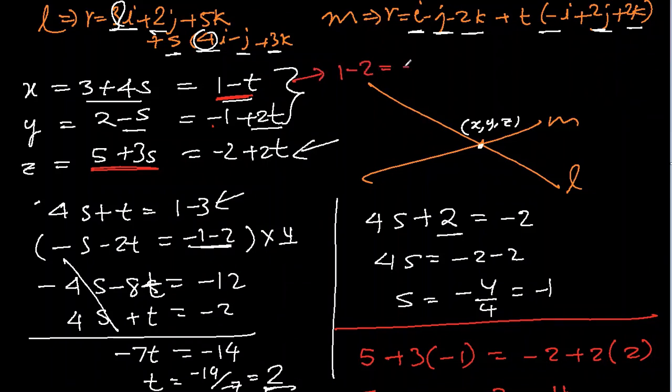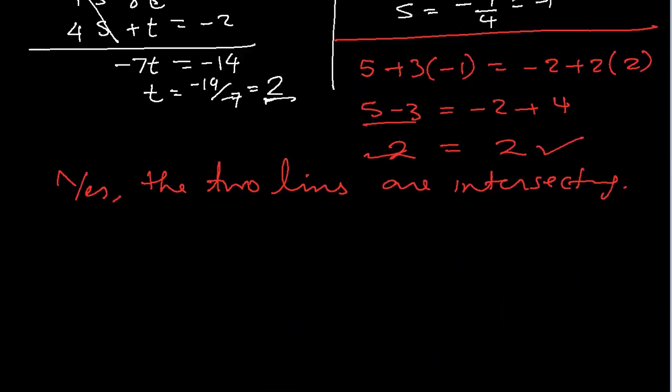The x coordinate will be minus 1. Here it will be minus 1 plus 2 times 2, 4 minus 1 is 3. And this will give us minus 2 plus 2 times 2, that becomes 4 minus 2 equal to 2. Minus 1, 3, 2. So I will write the final answer here.